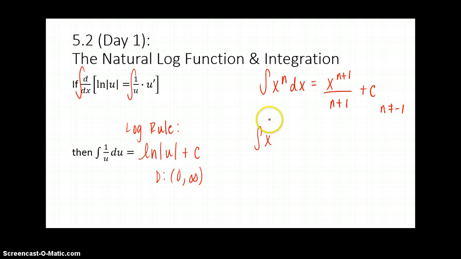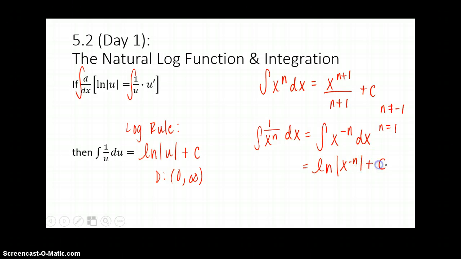So now, if we want to integrate 1 over x to the n power, we would write that as x to the negative n dx. Now, if n is equal to 1, we have the rule that enables us to integrate this. So it's not the power rule where we add 1 and divide by the new exponent, but it would be the natural log of the absolute value of whatever that u would be.